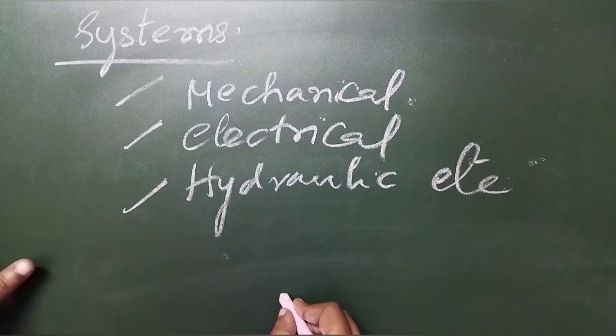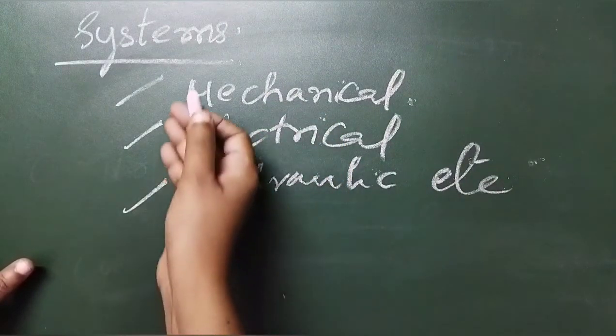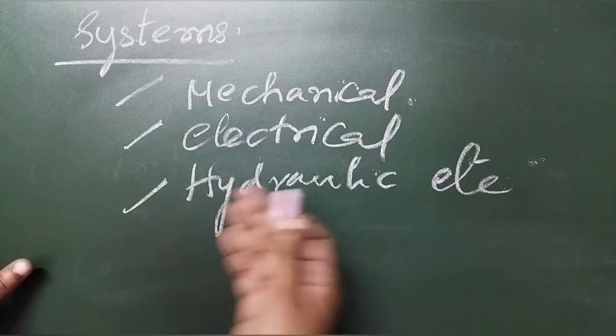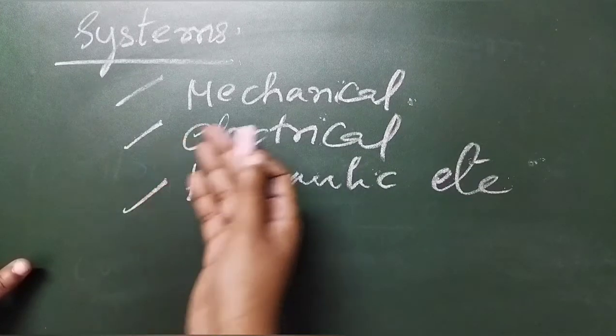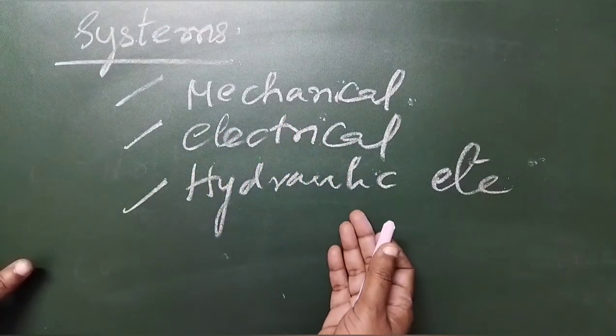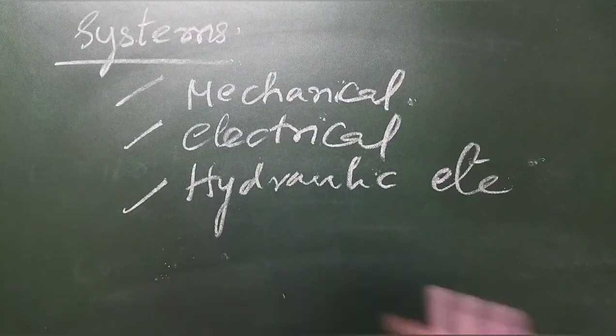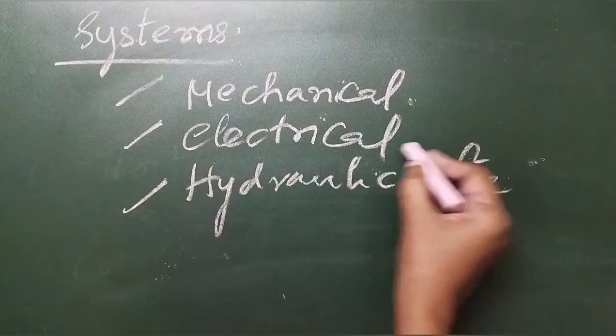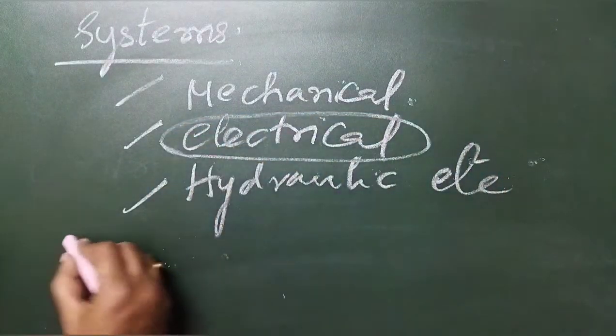You have a lot more systems, but just to mention a few, we have different sorts of systems depending upon the nature of inputs and outputs we obtain. Now, coming to the electrical systems.